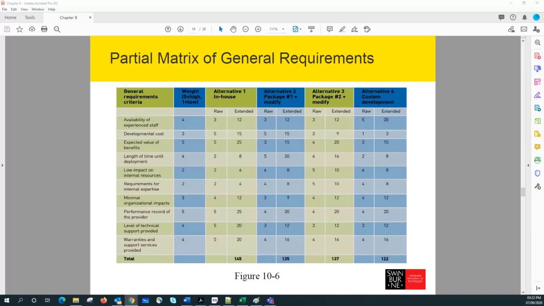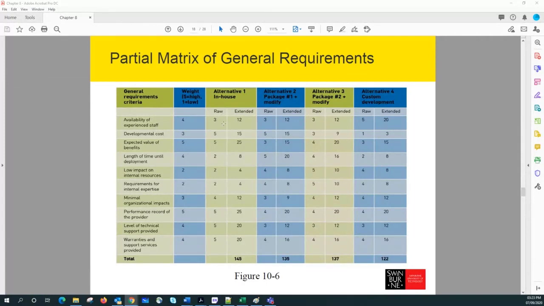And then what they have done here is give raw scores for each of these alternatives, right? They consider how well each alternative can achieve each general requirement. For example, availability of experienced staff.